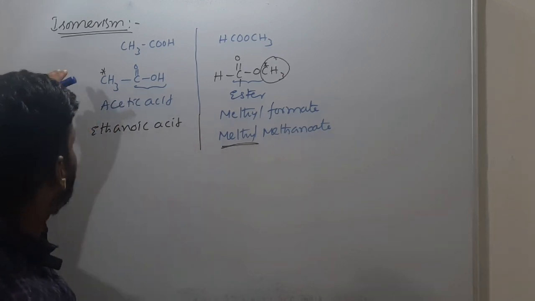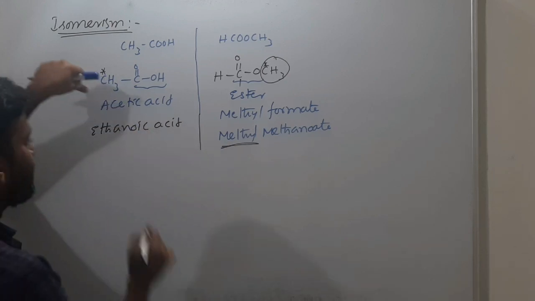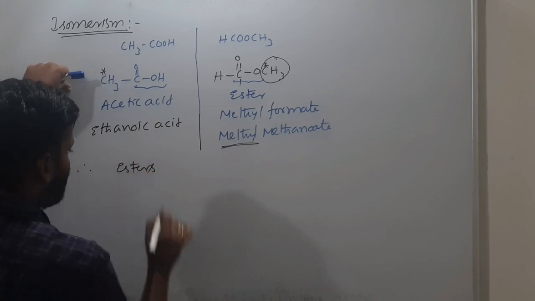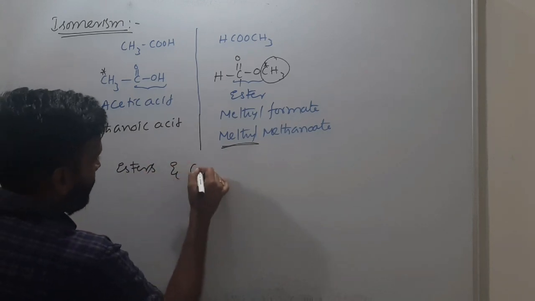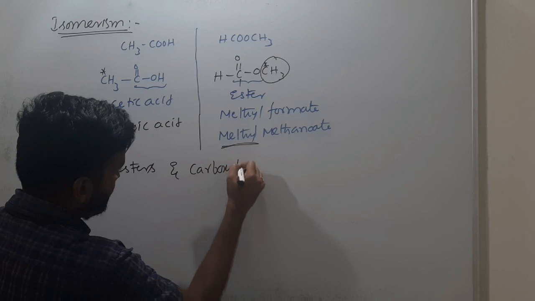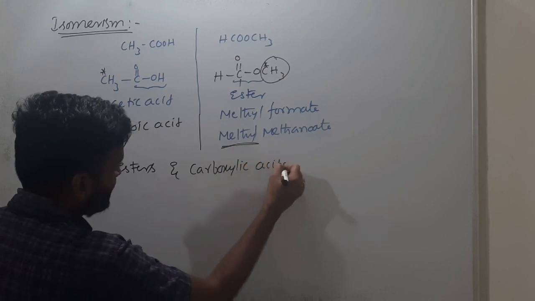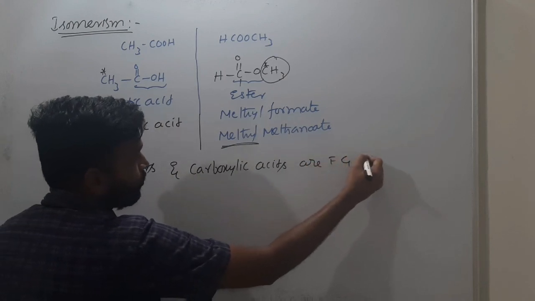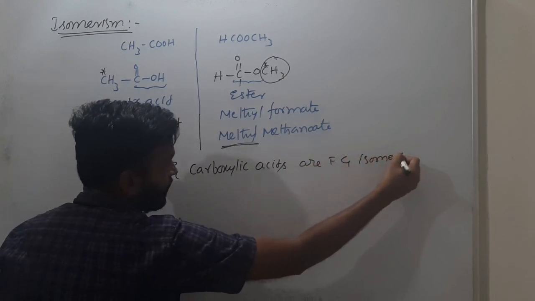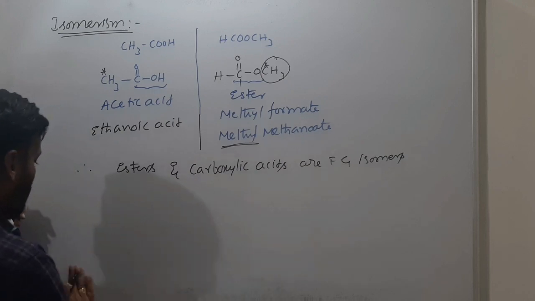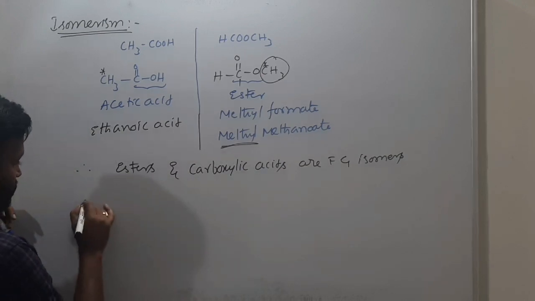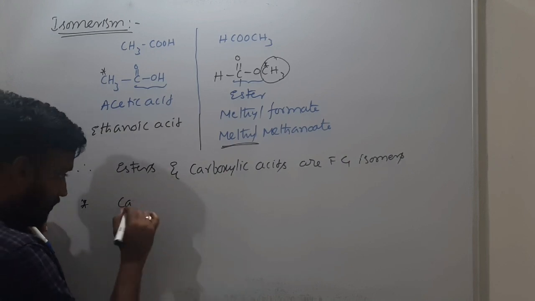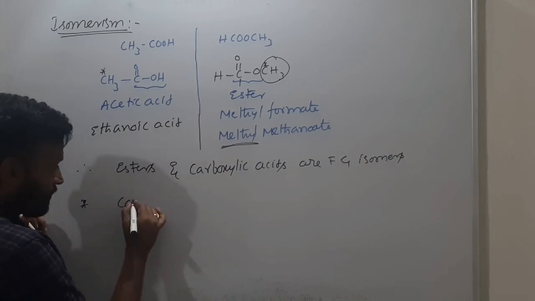Understanding, everyone? Therefore, you can say esters and carboxylic acids are functional group isomers. Not only these. Do you remember, in the previous class I gave oxirins. Those are also functional group isomers.